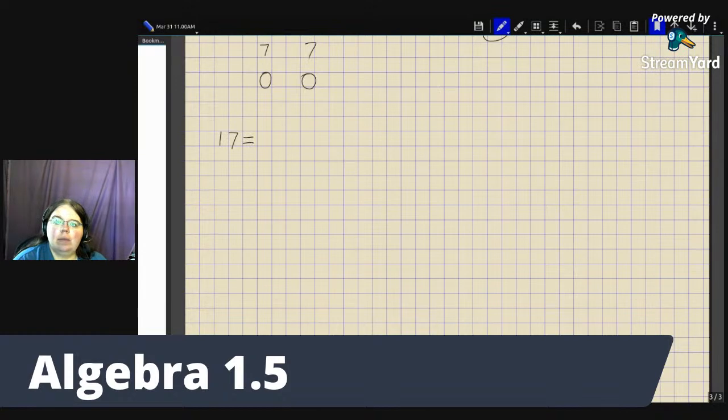In this next problem, I have that 17 equals y plus 3 plus 6y. Okay, so again, our goal is to solve that equation. And what does that mean we want to know?